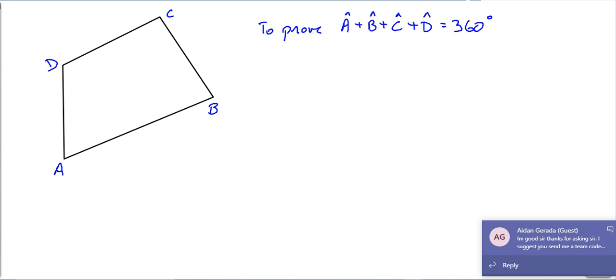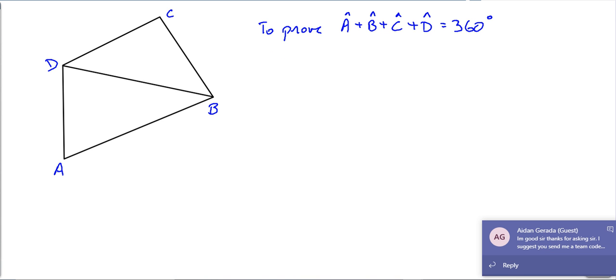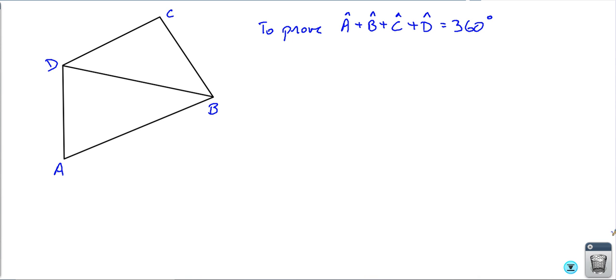Now, as you can see, if I divide that quadrilateral into two triangles, I'll draw line BD, and as you can see, this forms 2 triangles.